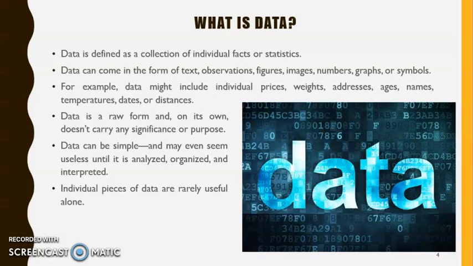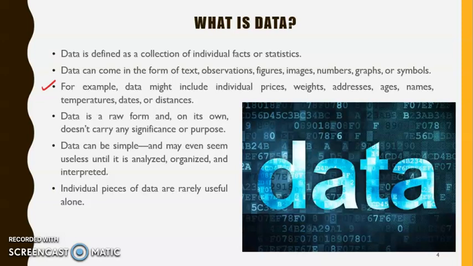Data is defined as a collection of individual facts or statistics. So, when you have a combination of everything somewhere, it is called data. As you can see here, data might include individual prices.